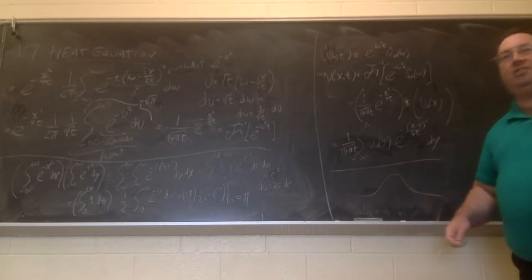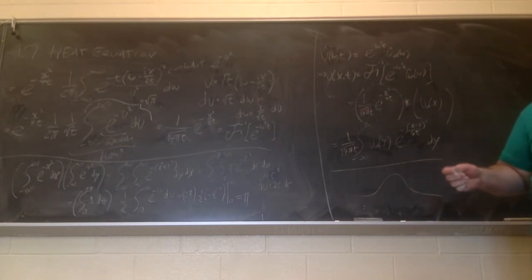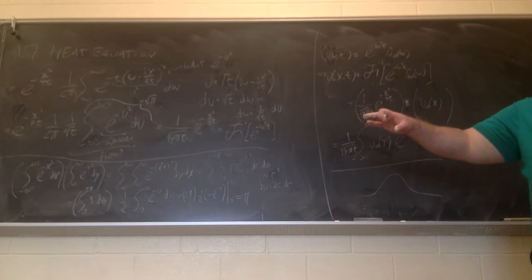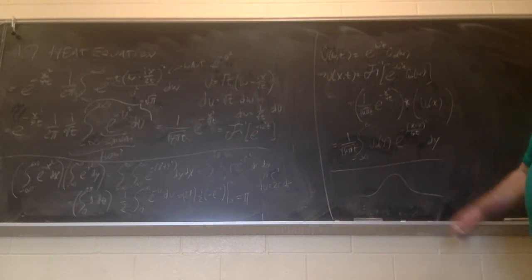That's what a Gaussian function graph looks like, a bell curve. It literally is a bell curve. As t increases, that bell widens. And that's what causes the temperature profile to smooth out. Well, that was fun.